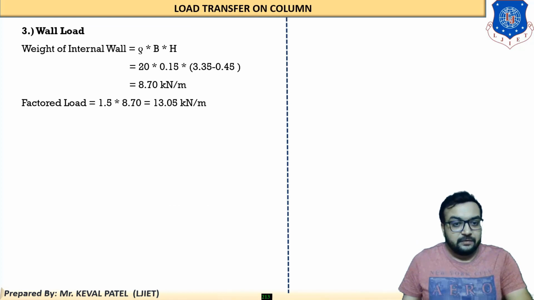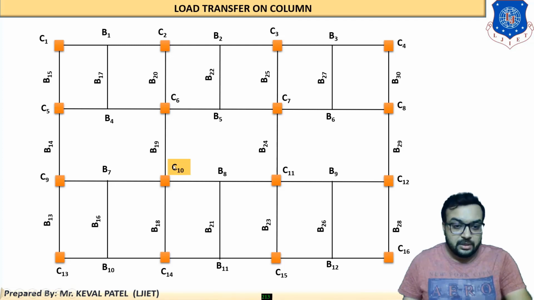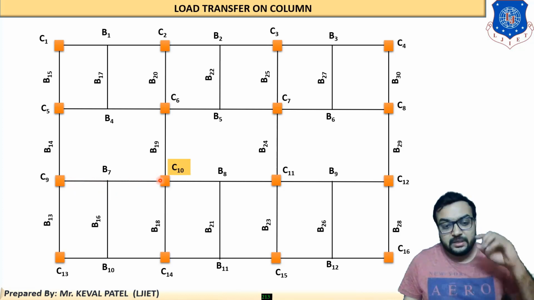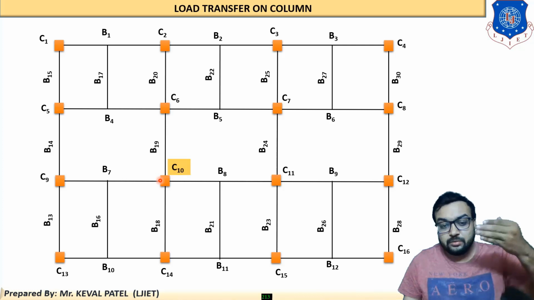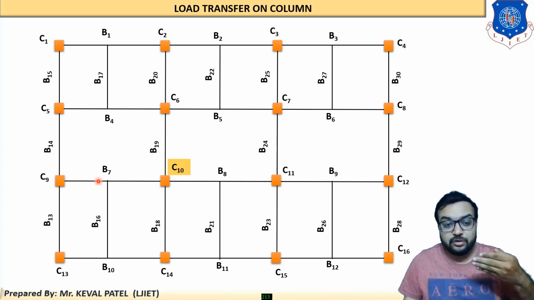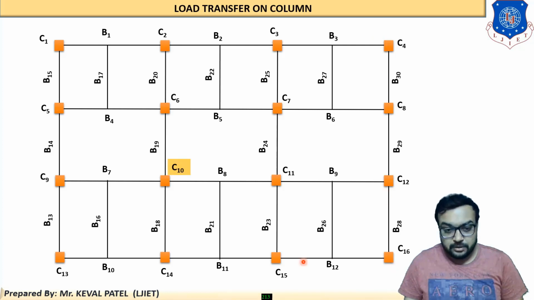After that, our next one is wall load. So students, you can see in the question our column number C10 and this beam. The beam is taking the wall's load, but this wall is an interior wall, because the exterior wall is the peripheral wall.